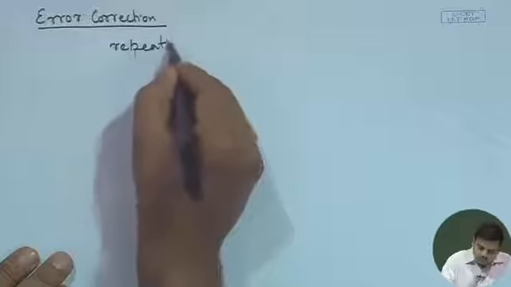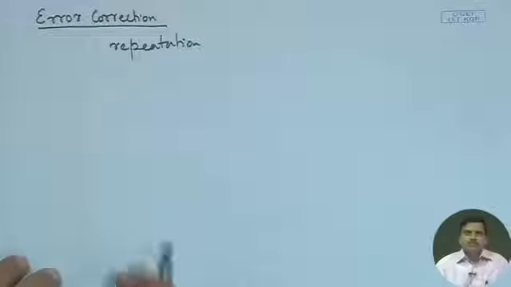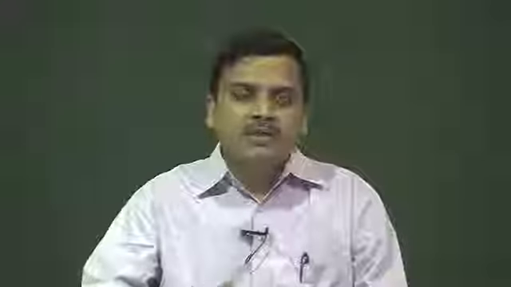So, there could be repetition coding. Repetition coding means that instead of sending A, it will send A 3 times. Majority decision rules at the receiver could be used, that if 2 out of 3 are of the same symbol, then you would go by that particular symbol.